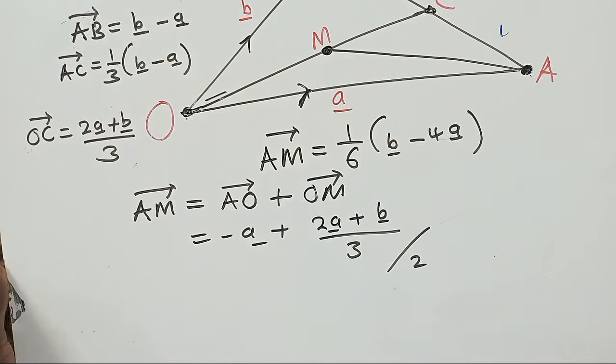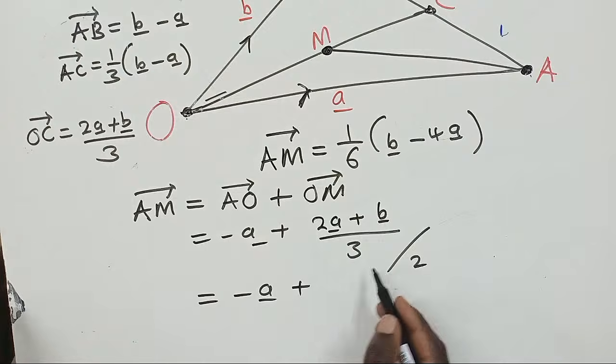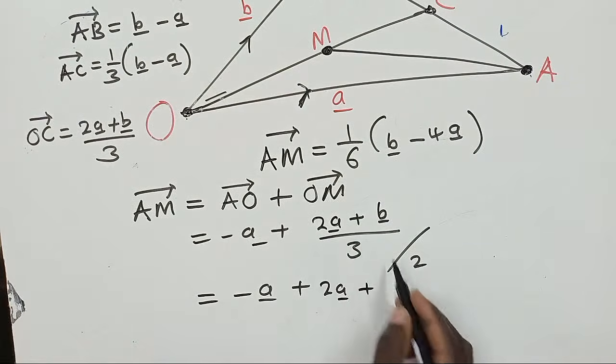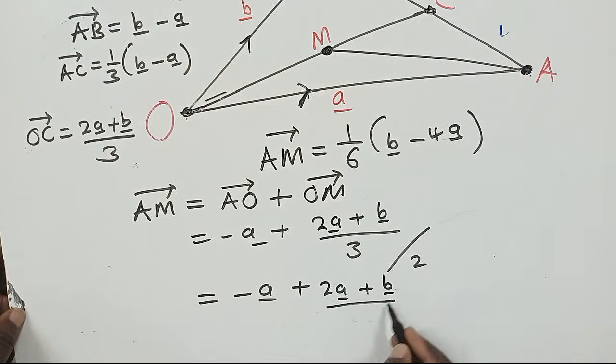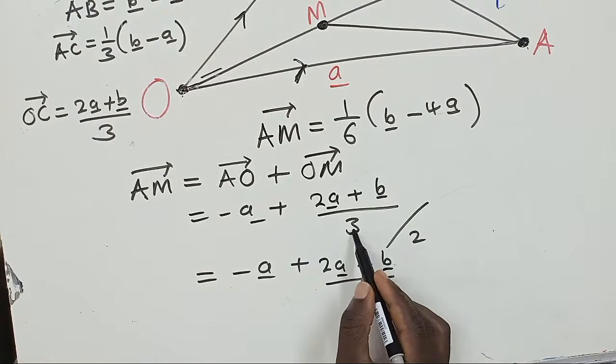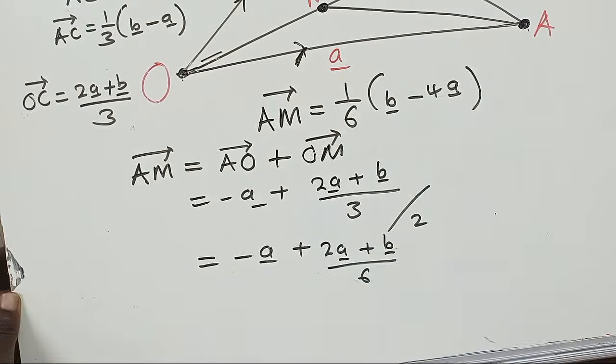So here, we'll maintain this. We just do our calculations, solve. This will be 2A plus B over 6. Because when we divide the fractions, 3 and 2 will be multiplied, so it will be equal to 6.